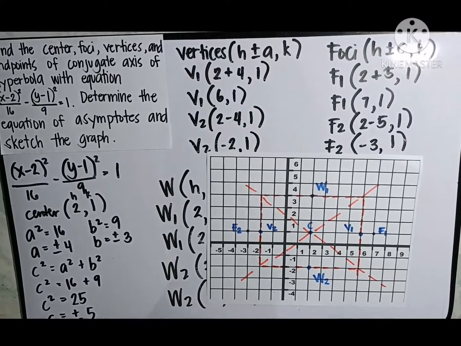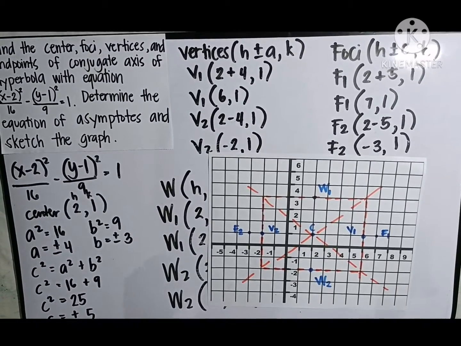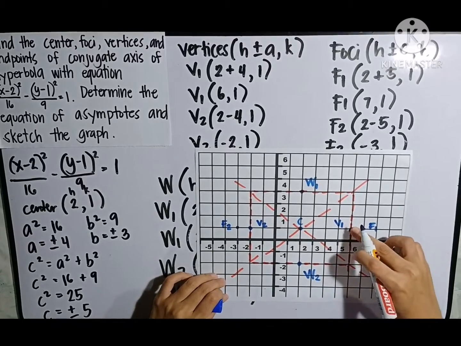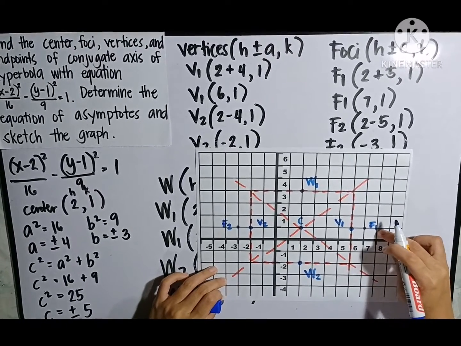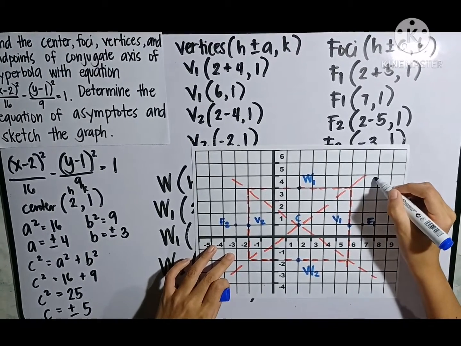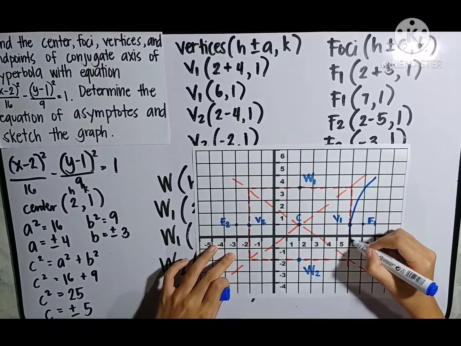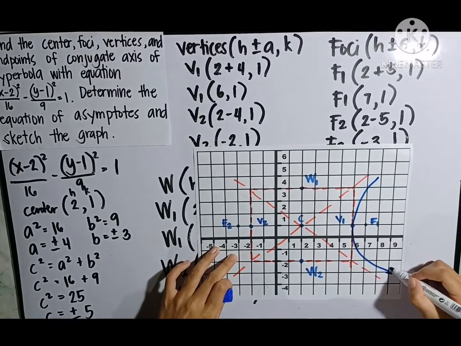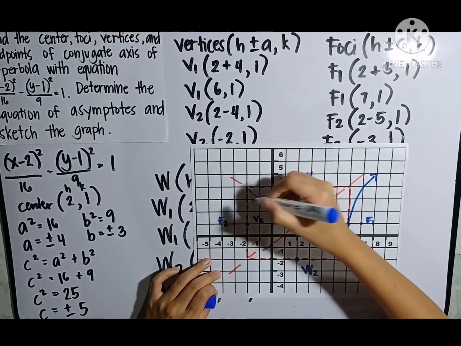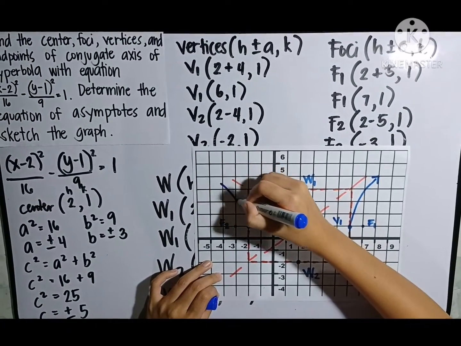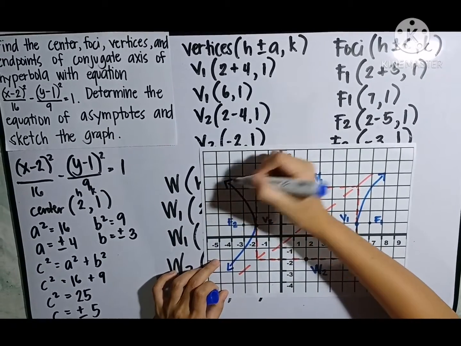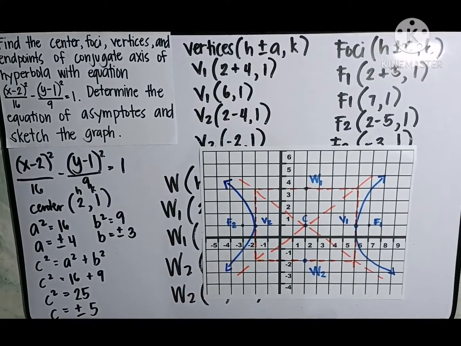And now we are ready to plot our hyperbola. So this is our vertex and this is the focus 1. So our hyperbola will be here, and the other one will be here. And now that is our hyperbola.